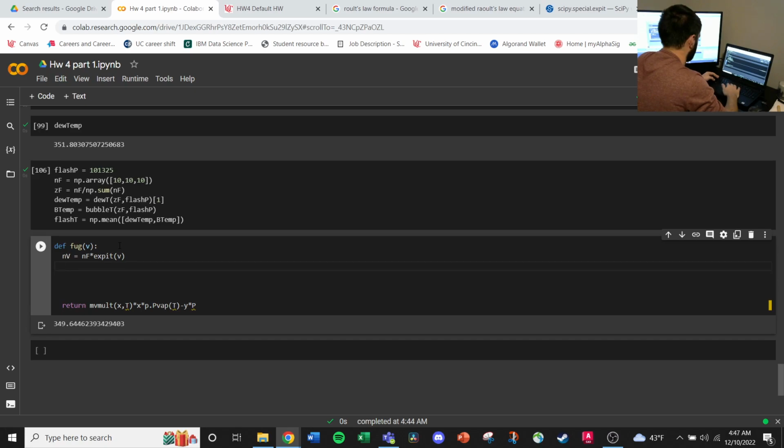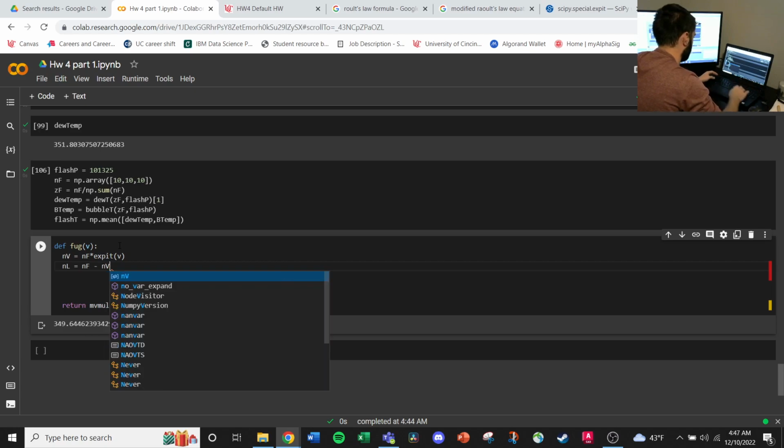v. So this is just our total moles coming in times our fraction that's going to be in vapor. And then obviously whatever's not vaporized is going to remain in liquid. So the best way to show that is that the moles of liquid is equivalent to the moles of the feed minus the moles of the vapor.